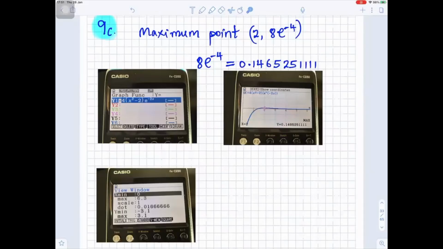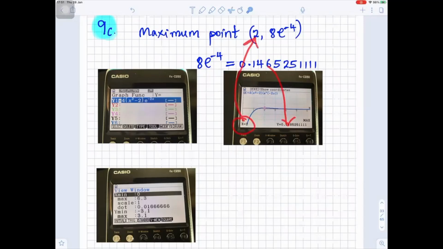So for 9c, if you put that in your graphics calculator and use the view window, it will show this graph to you where when x is 2, you get this point which is equivalent to that. If you put this in your calculator, 8e to the minus 4 is 0.146, which is the same there when x is 2.